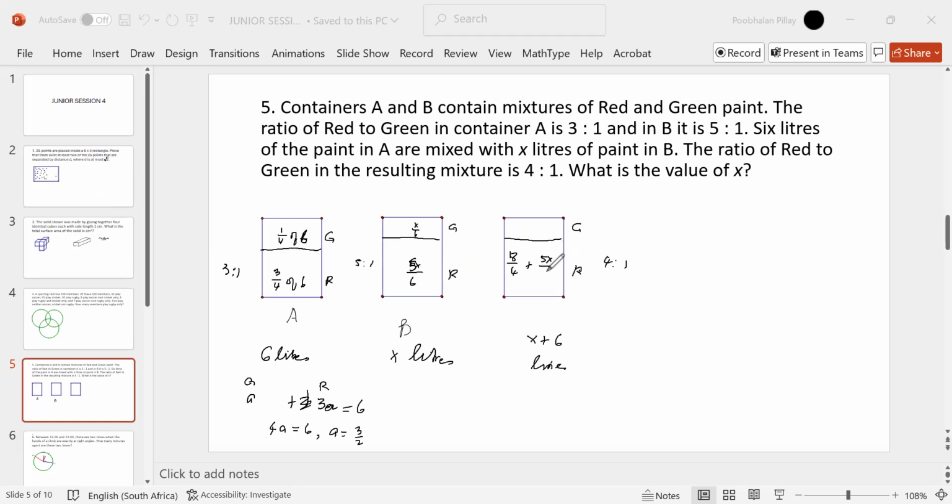We're putting all the reds together. And the greens: 6/4, which is 1/4 of 6, plus x/6. So now we know how much red there is and how much green there is.